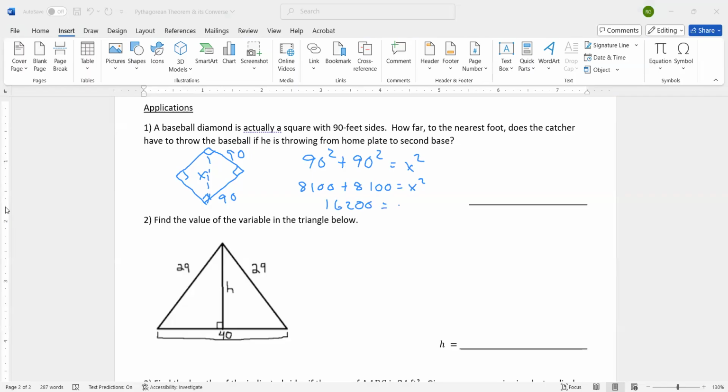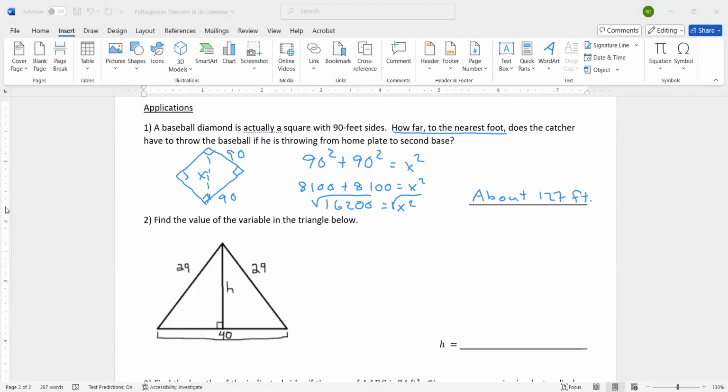And when I get a big number like that, I'm going to go ahead and type the square root of that number in the calculator, which, by the way, I did just want to the nearest foot. So it's not a good number when you type it in, but I went to the nearest foot, so I can just say about 127 feet is how far the catcher has to throw the ball.